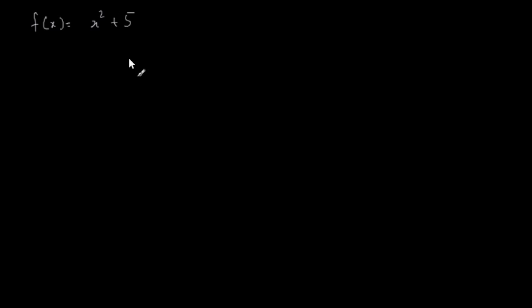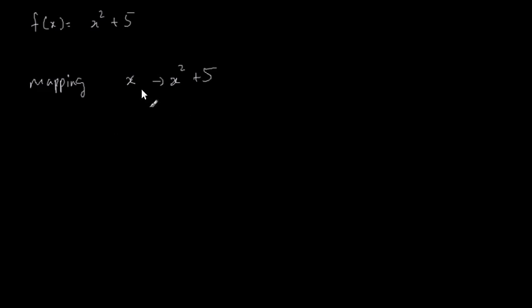Now this role or job of the function is called a mapping. So a mapping is a rule or a formula that lets us find an answer if we know the value of x. So actually I can write a mapping as x maps to f(x). If you start from a value of x, then the formula gives you a new answer.